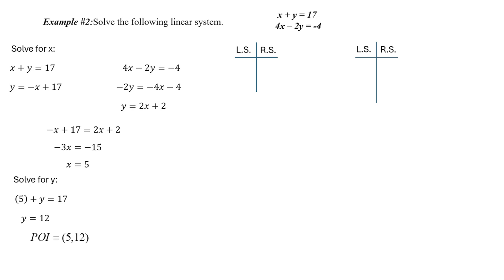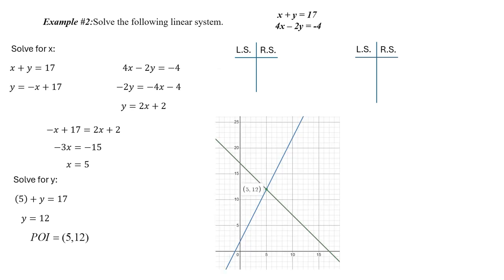Once again, we can plug these values into the two equations and make sure that the left side equals the right side. For x plus y equals 17, we'll get 5 plus 12, which equals 17, and then on the right side, we'll get 17. Plugging these values into the other equation, 4 times 5 minus 2 times 12, gives us a value of -4, and the right side is -4.